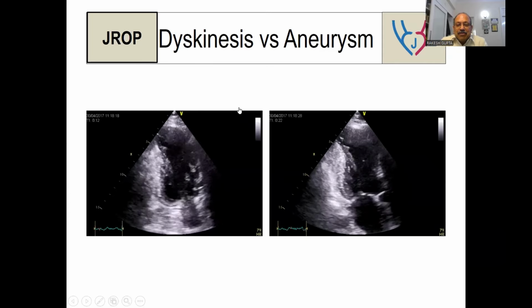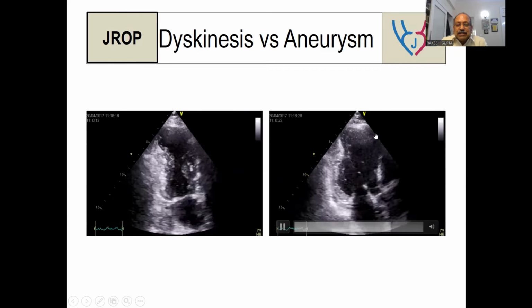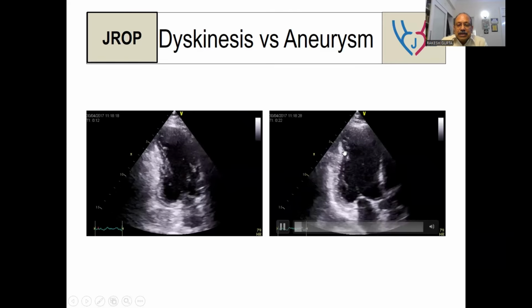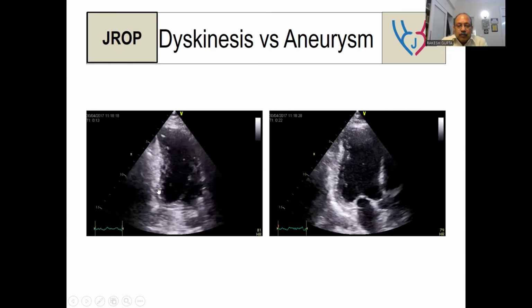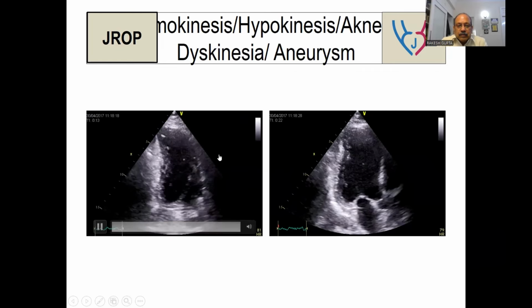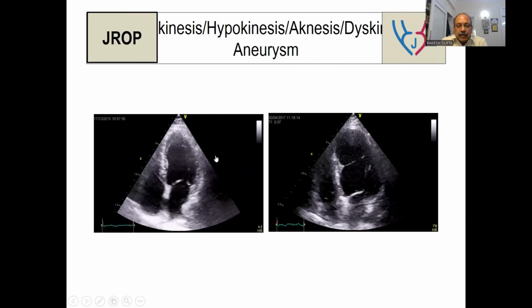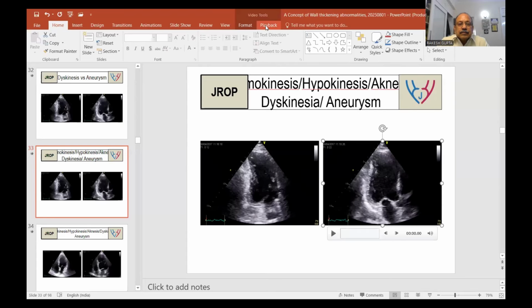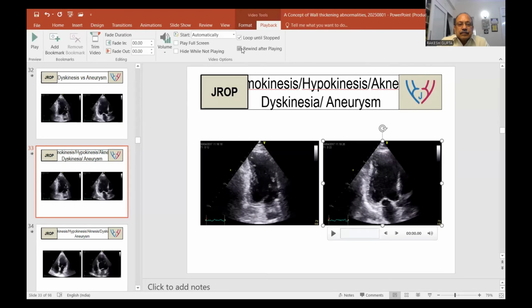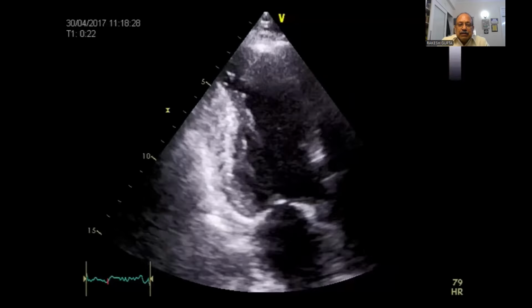Now, another example for aneurysm. This is persistent dilatation during diastole. And this is what you need to appreciate always when you're looking for a wall thickening abnormality.